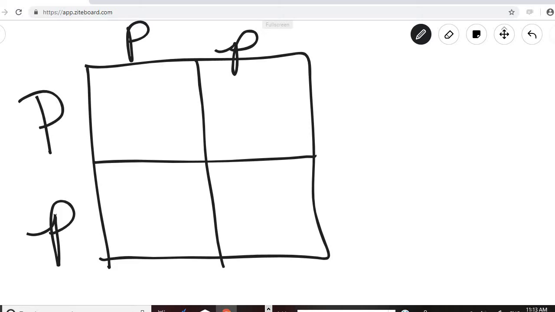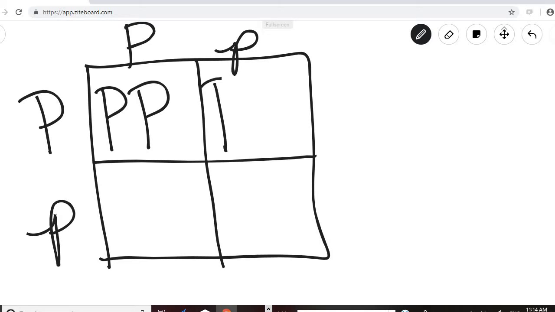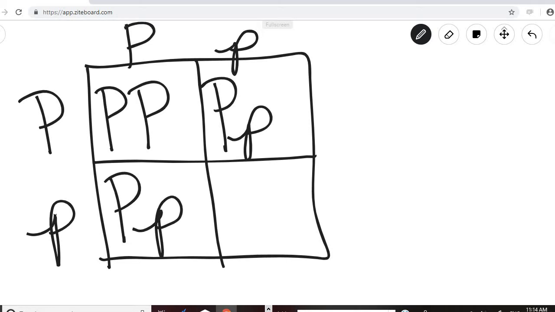So this would be uppercase P, uppercase P. I'm going to make that more clear that that's an uppercase P. This would be uppercase P, lowercase p. This would be uppercase P, lowercase p. And lowercase p, lowercase p.